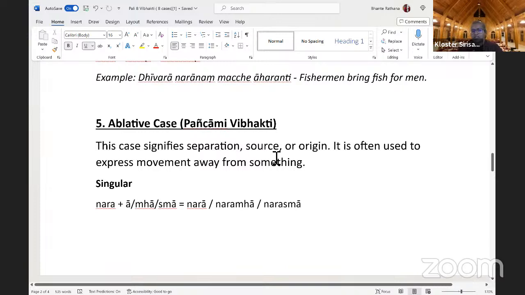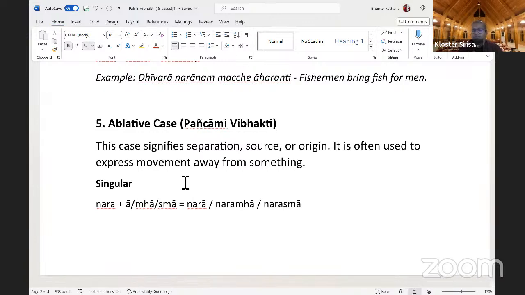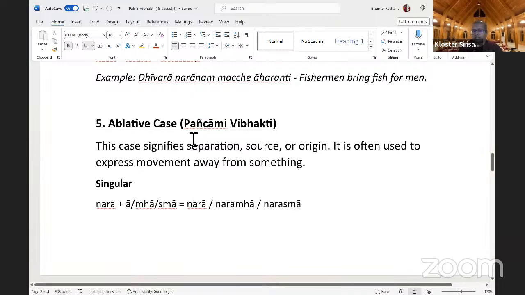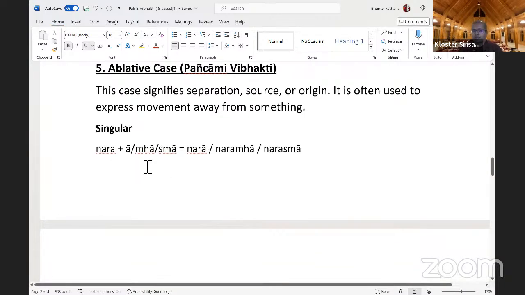Always separation, source, origin, movement away from something. That's the ablative case. Panchami Vibhakti in Pali is formed with nara plus a, or there are two endings, mha and smma.